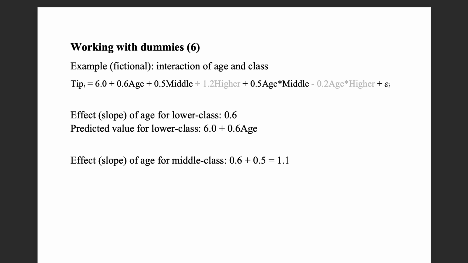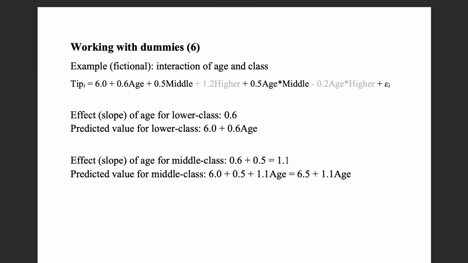So we can just add up this 0.5 to the 0.6 that we have as the main effect, and it works out to a value of 1.1. So in other words, the slope coefficient of age for the middle class people is 0.5 higher than the slope coefficient for the lower class people, and that means that the slope coefficient for the middle class people is 1.1.